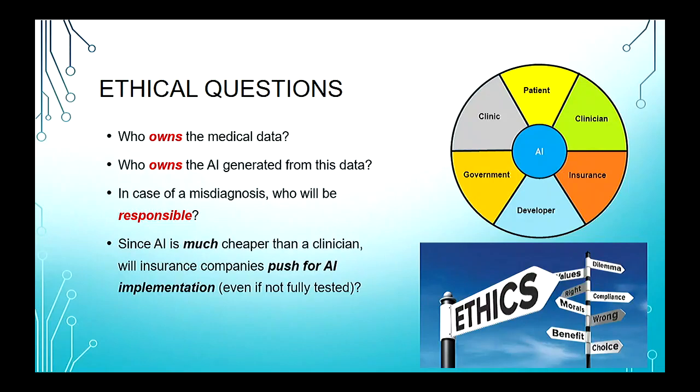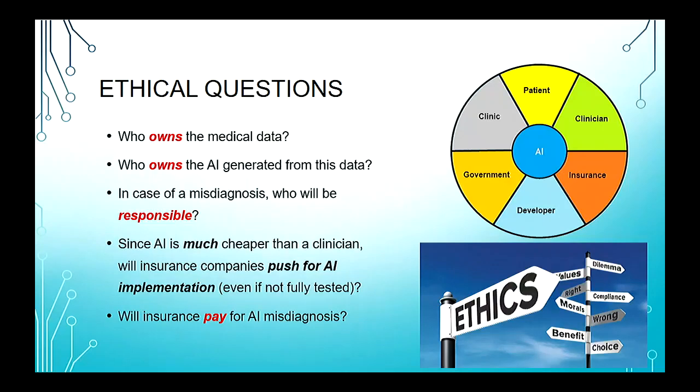Since AI is much cheaper and much faster than a clinician, there is a push from a lot of insurance companies, among others, to implement AI in different fields. But AI, as I mentioned throughout this lecture, is not fully tested. It's all good and well in a research lab, but there are huge implications when you take it out of a research lab and try to implement it in society.